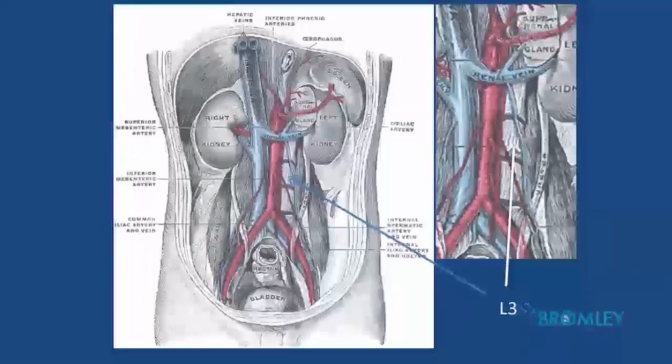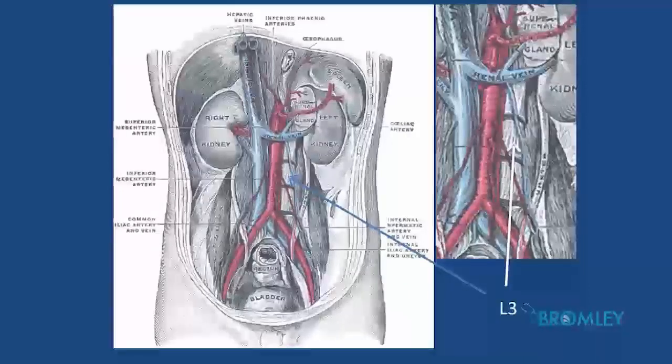Okay, and if we just focus for a moment on the aortic vessels, and if we look at the aorta, perhaps if we just focus on the magnification on the right and start at the top. So at about the beginning of L1, we have the celiac axis that comes off the front of the aorta. About a centimeter below that, we have the superior mesenteric artery.